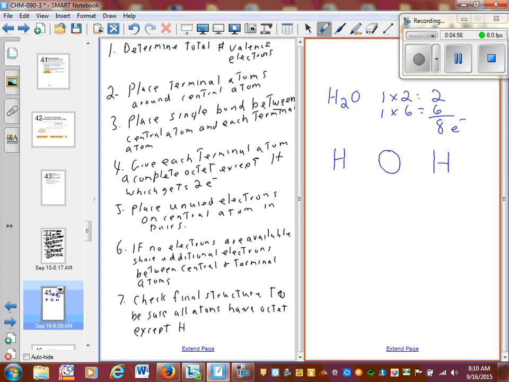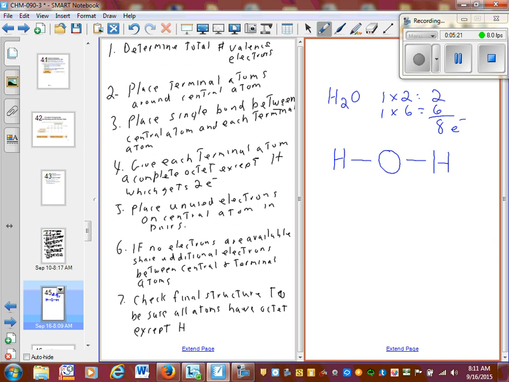The next step, draw a single bond between the central atom and each terminal atom. Here's a single bond. Here's a single bond. Single bond is how many electrons? 2. So how many have we used? 4. How many we got left? 4. We had 8. We used 4. We got 4 left.